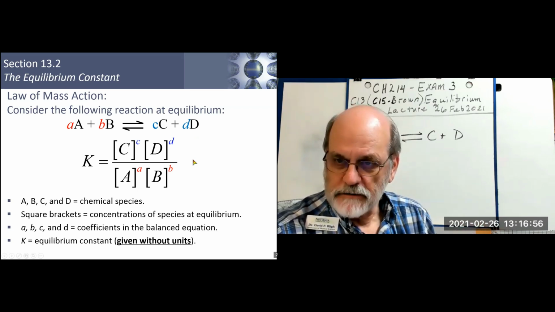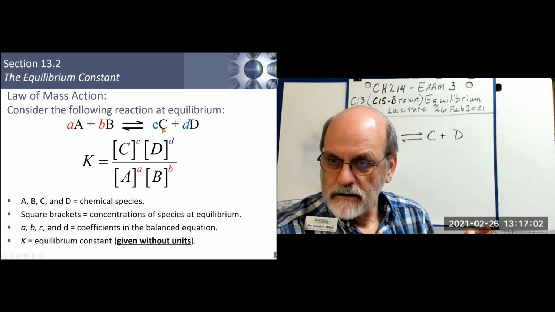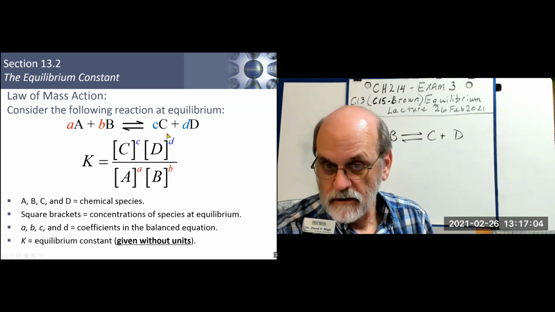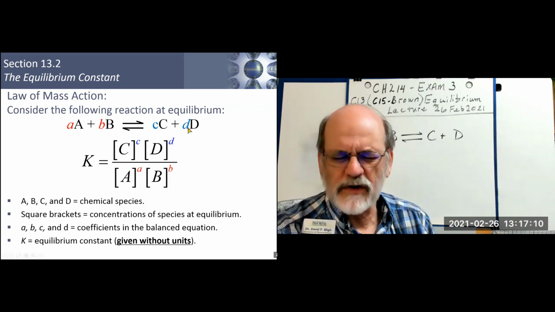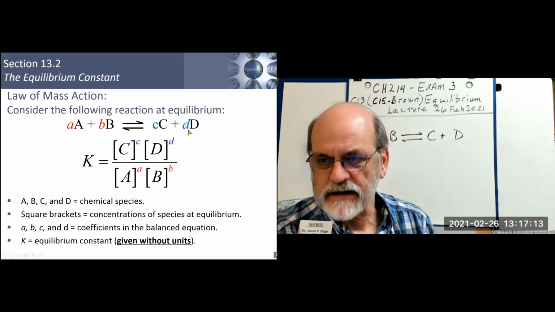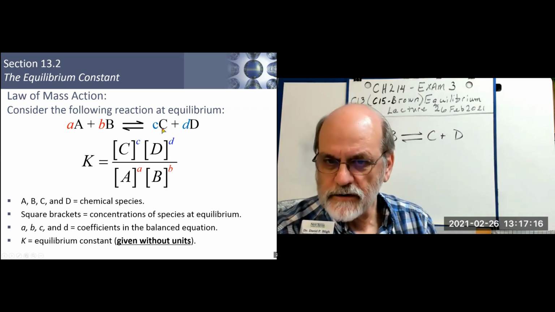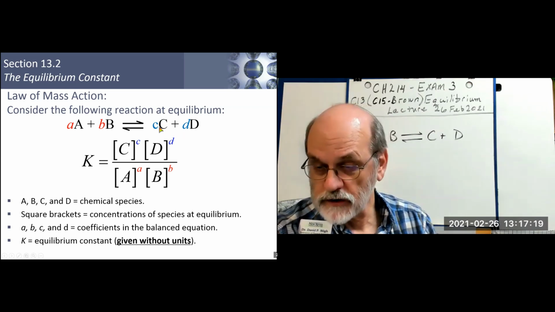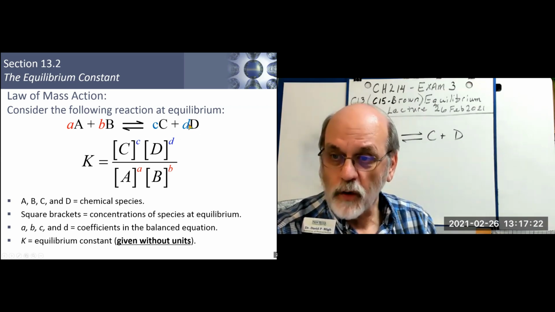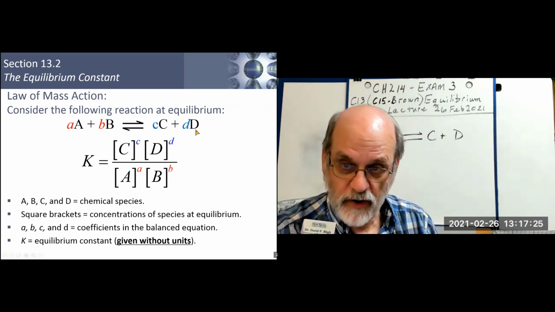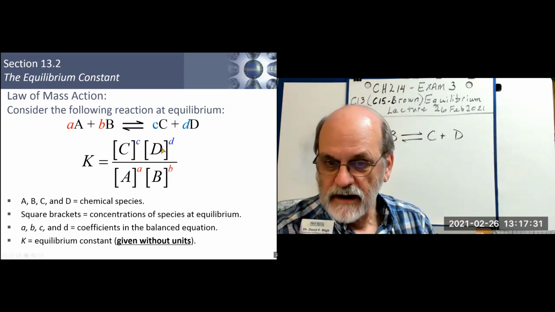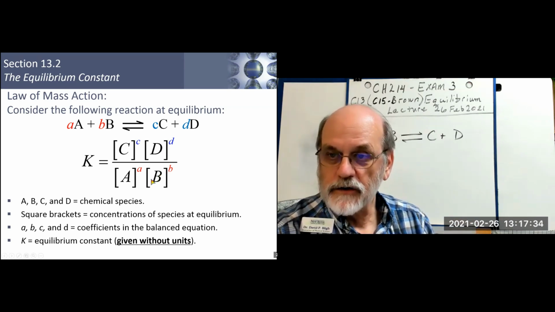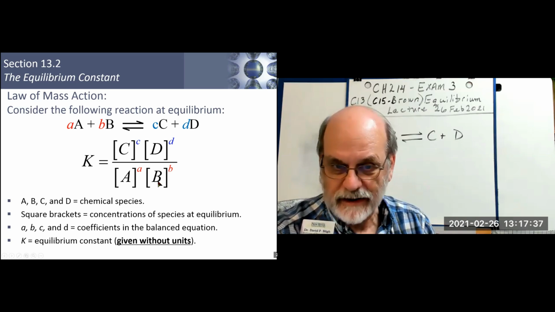And what they discovered was when you take the concentration of a product, C is a product, D is a product, concentration of this product to its coefficient power, times the equilibrium concentration of this product to its coefficient power, that goes in the numerator. And then in the denominator, you do the same thing with reactant A and reactant B.